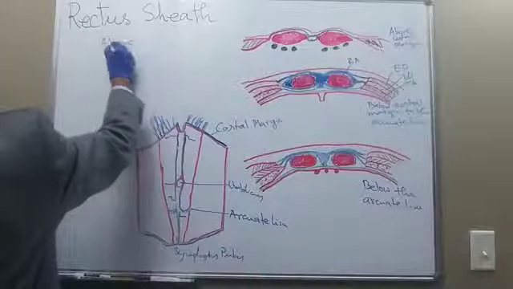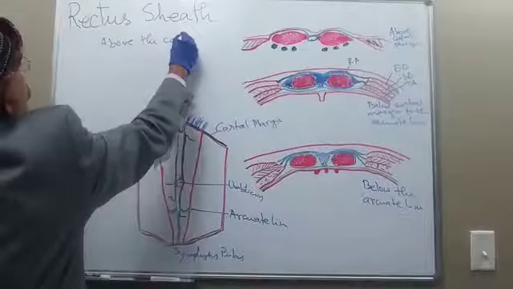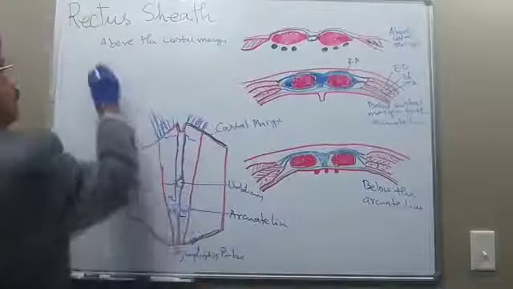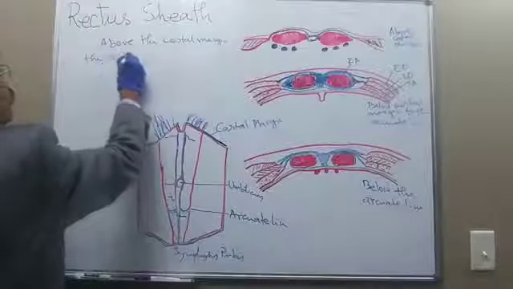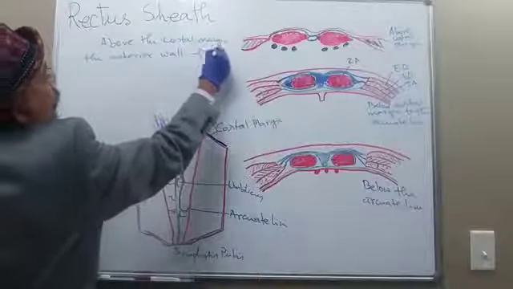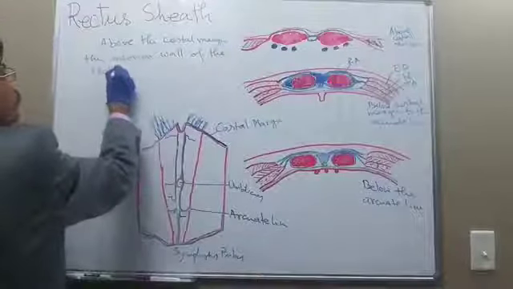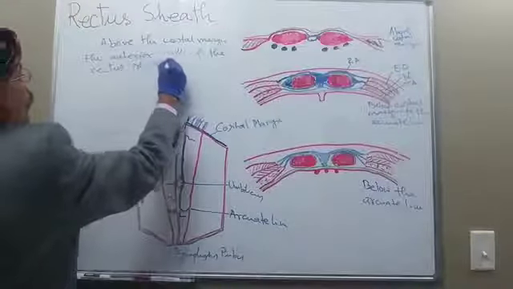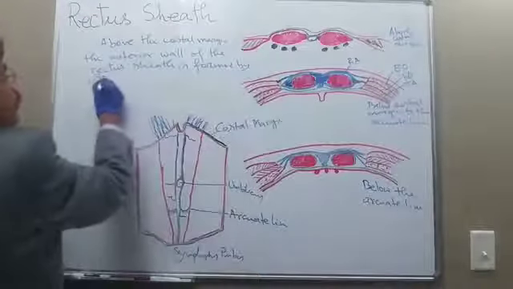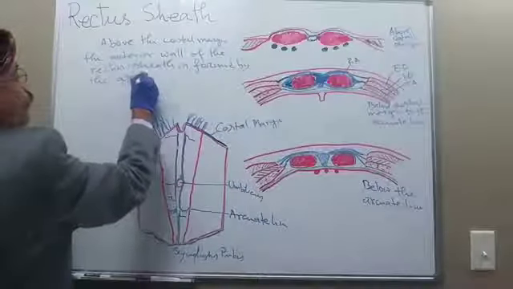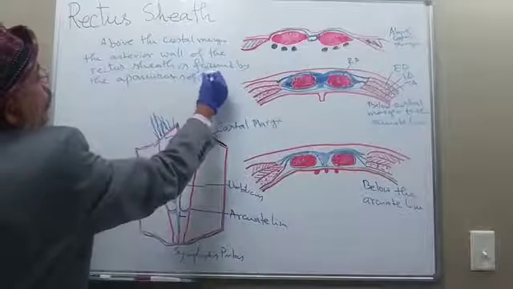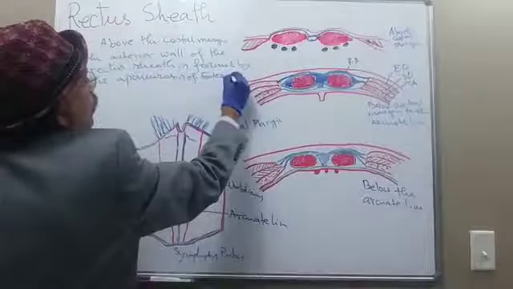Above the costal margin, the anterior wall or lamina of the rectus sheath is formed by the aponeurosis of the external oblique.